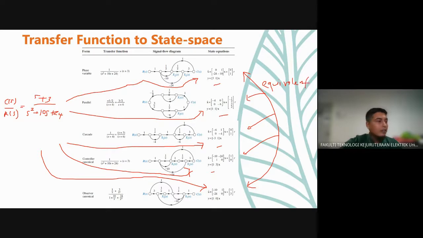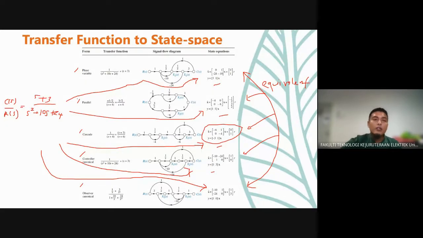So in the exam, maybe I will give you a state space and ask you to please convert this state space to cascade form. So you must refer to this form. It depends, because every form here has its own use.